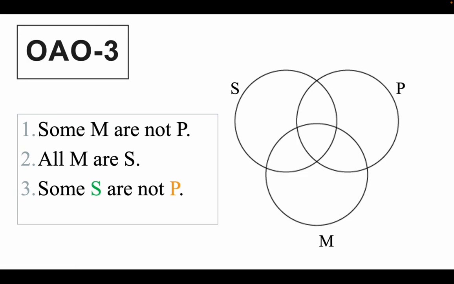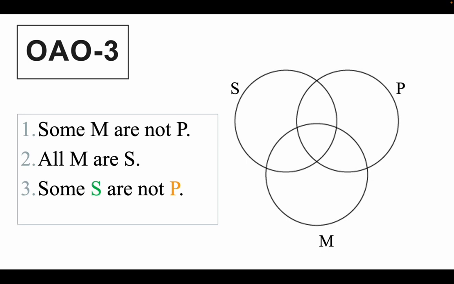Here's another example. OAO3. Remember what I explained before. If the first premise is a particular premise, like in this case, which is an O form, it requires that you draw an X. The problem is that you don't know where to put the X. Therefore, you are allowed to skip premise 1 and diagram premise 2 first.